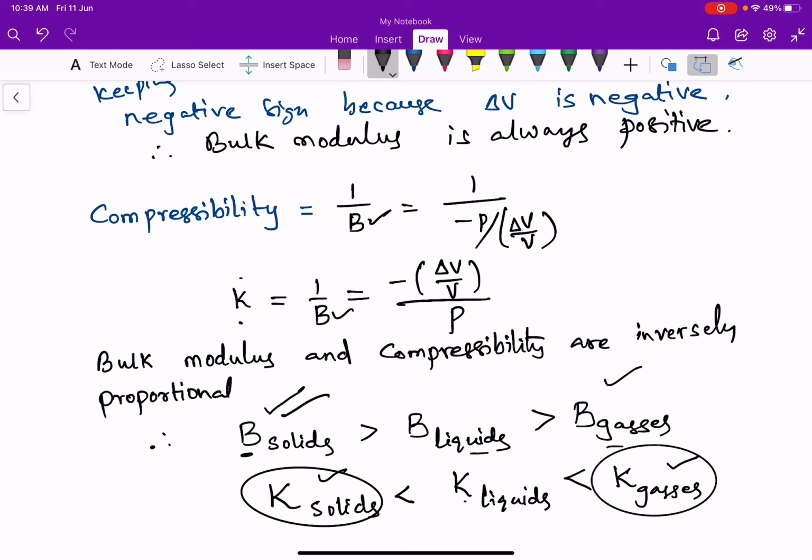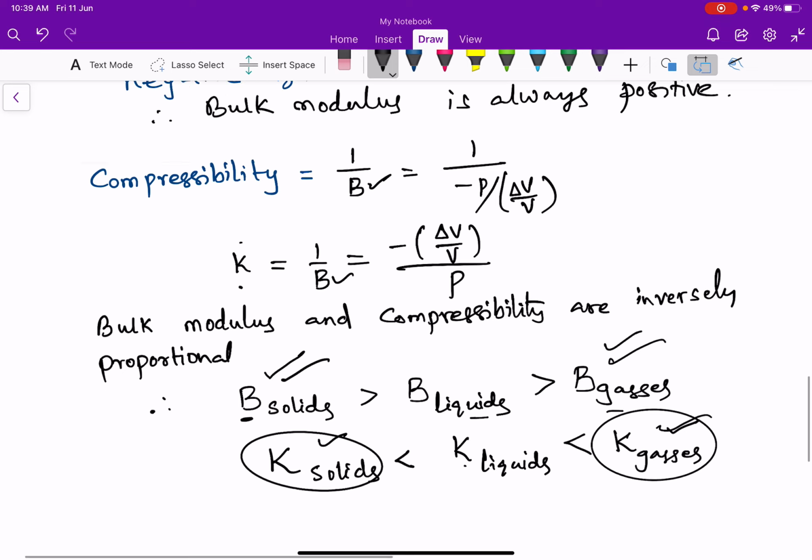In the case of gases, the molecules are less attracted to each other, so the distance between them is more and the attractive force is less, so gases will be compressed more. So the compressibility factor for gases is more, and the bulk modulus is less.